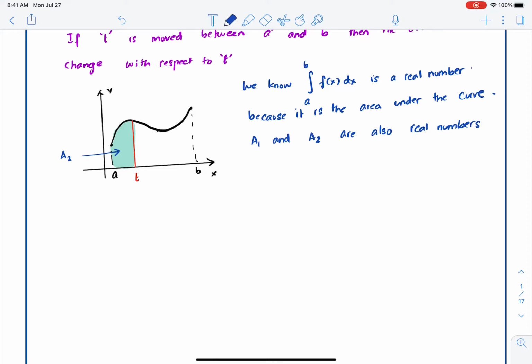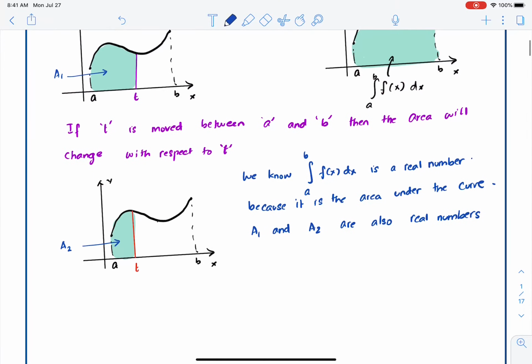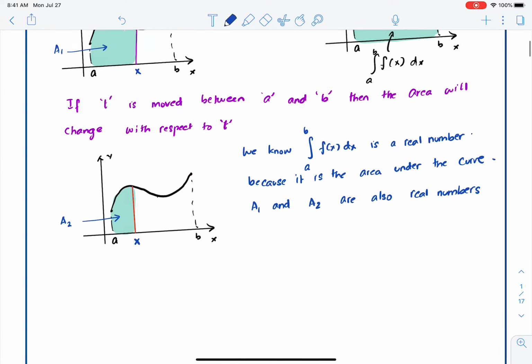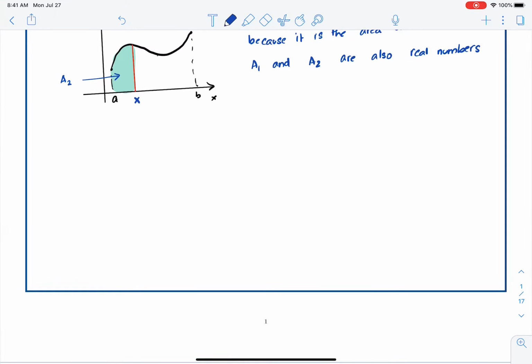The only difference here is that the value changes with respect to t. Perhaps I could use a different letter to avoid confusion. I'm going to call that some arbitrary value x. So as I move that x, the area is going to change.